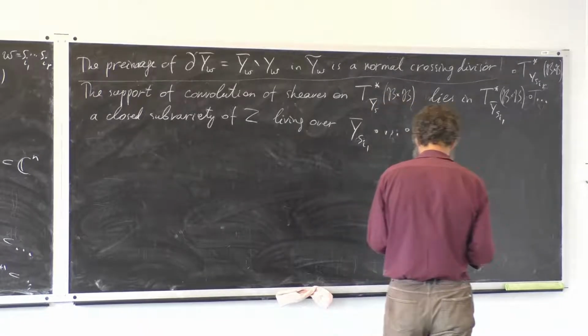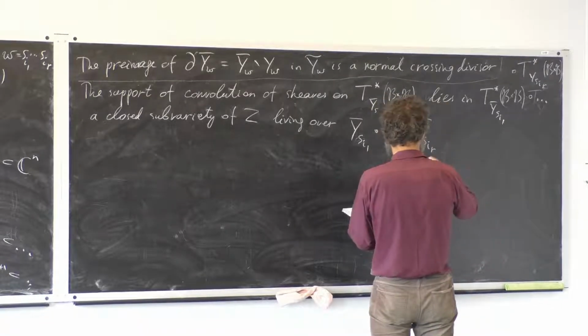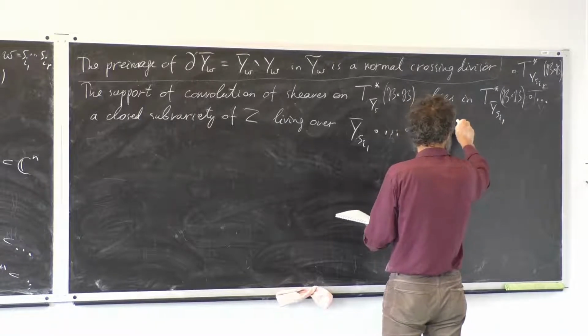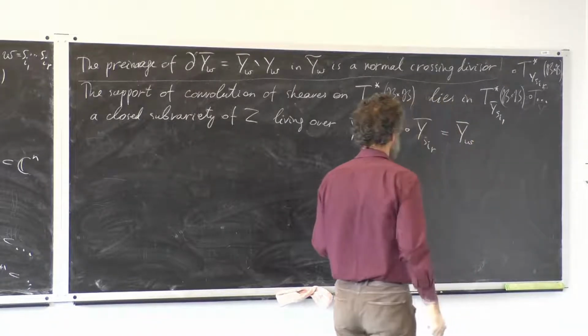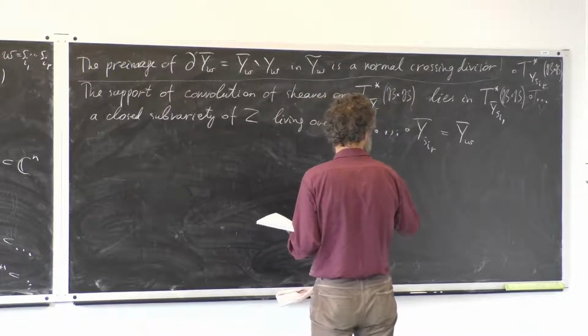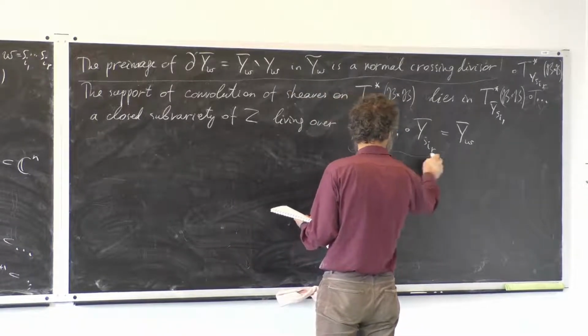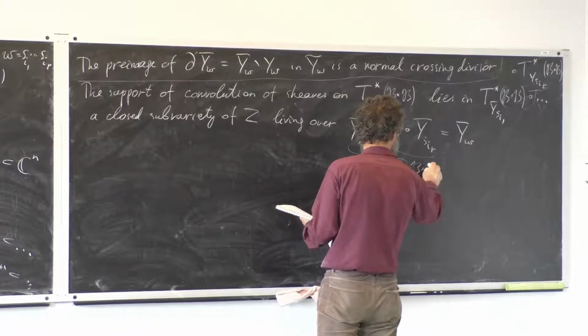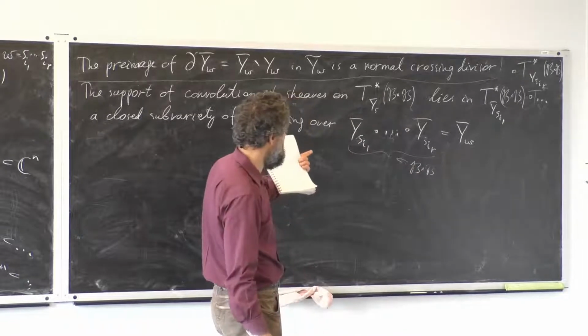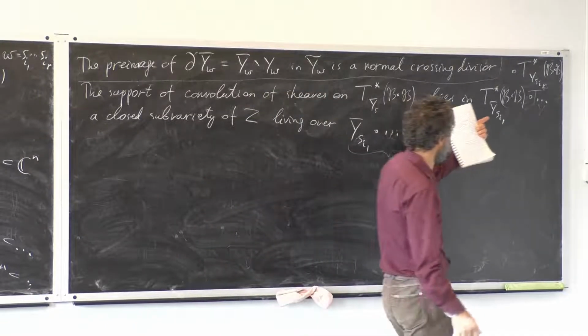Okay, and this thing will be exactly the closure of W of YW. So we can just ignore the conormal directions.